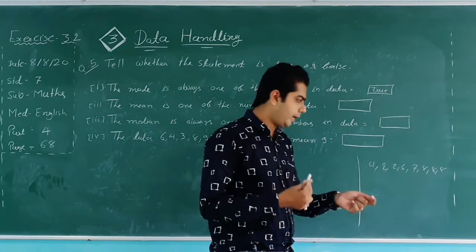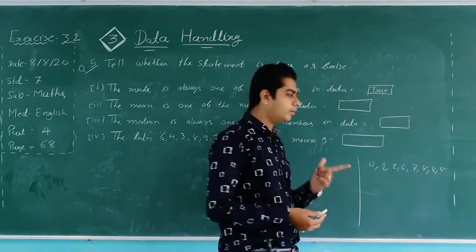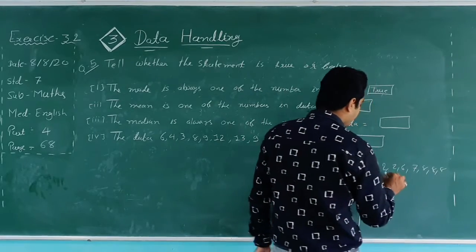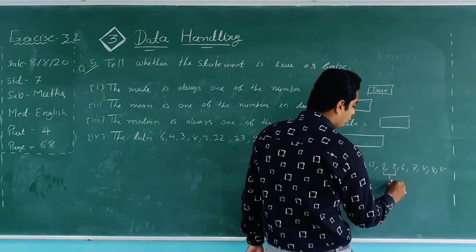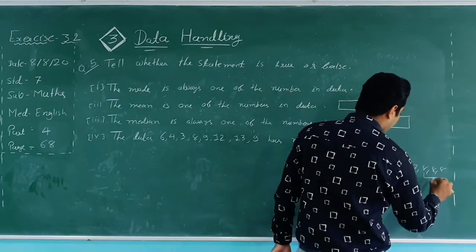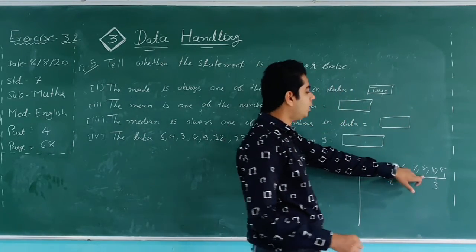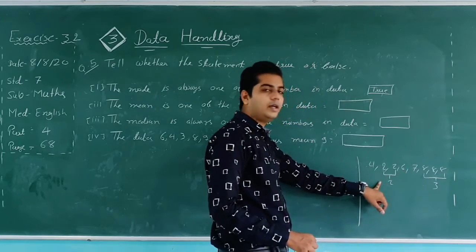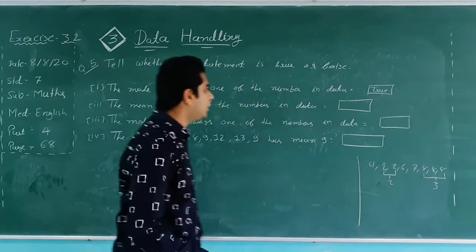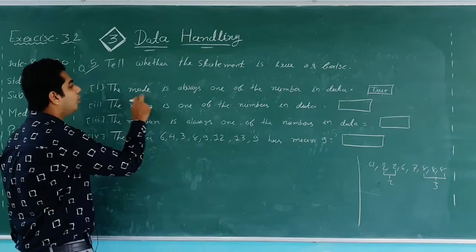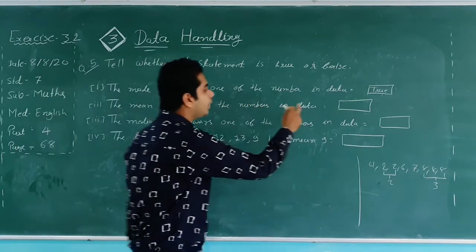Mode is the maximum repeating number, or frequency, of the data. So here look for the maximum repeating number: 2 is repeating how many times? 2. And 8 is repeating how many times? 3. So 8 is also from the data and 2 is also from the data. So yes, you can say that the statement is true. The mode is always one of the numbers in the data.